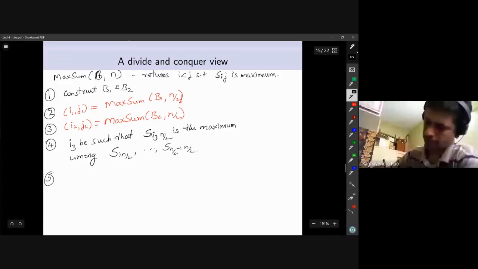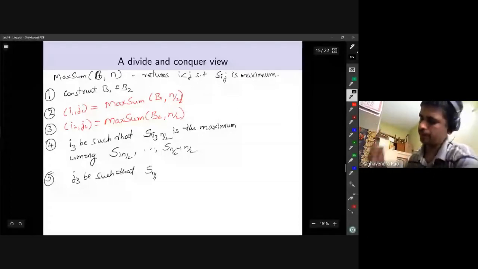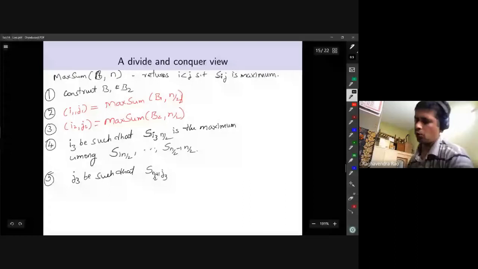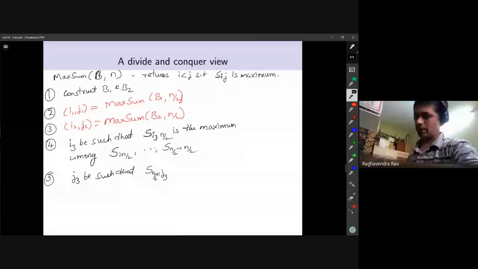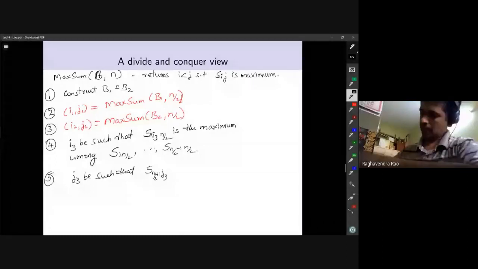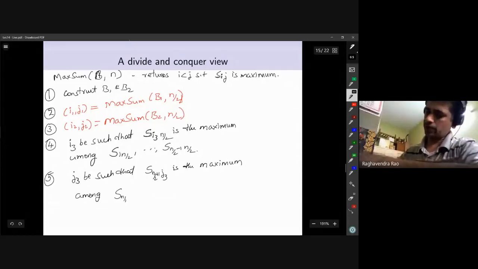Similarly, j3 be such that S n by 2 plus 1 j3 is the maximum among S n by 2 plus 1 n by 2 plus 1, S n by 2 plus 1 n by 2 plus 2, S n by 2 plus 1 n by 2 plus 3, etc., S n by 2 plus 1 n. I hope I'm making sense. I'm using lots of sub indices, so i1, i2, j2, and so on.